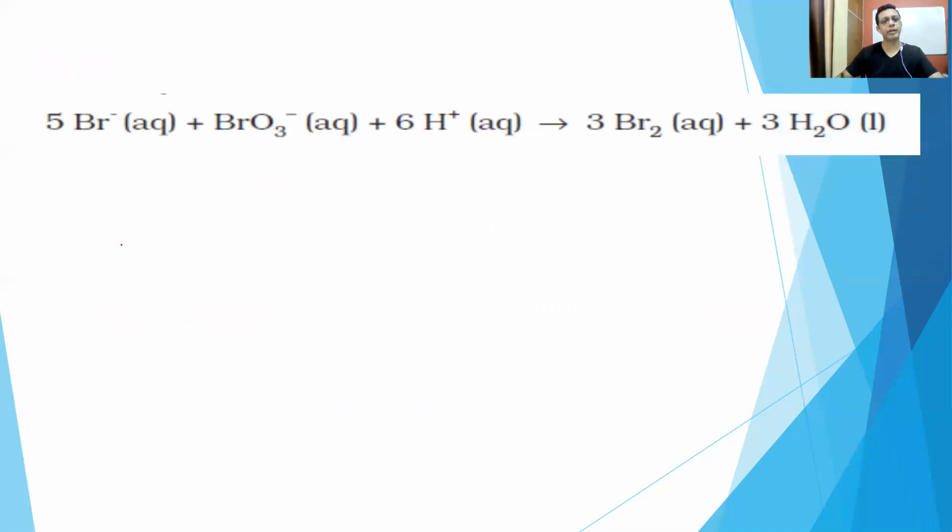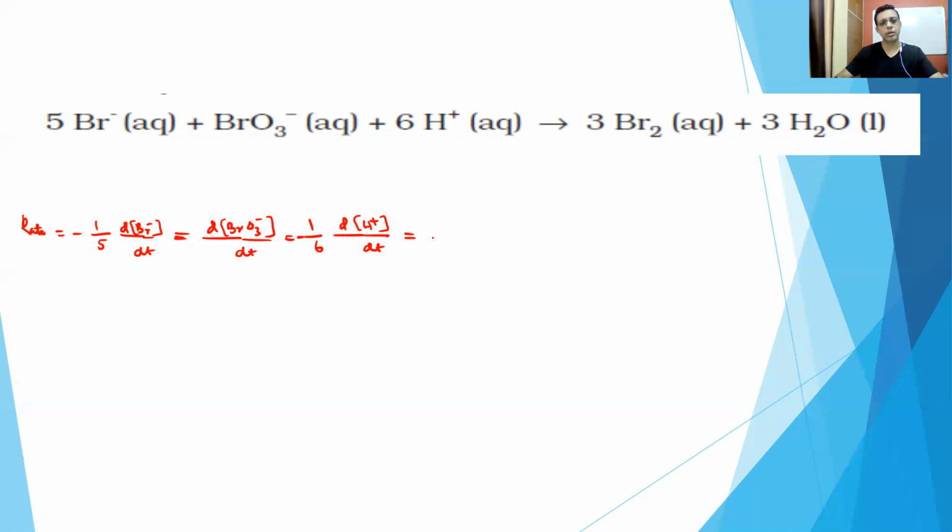You try, I'm also writing. So for this reaction, rate will be equal to minus 1/5 d of concentration of Br minus by dt, will be equal to minus d of BrO3 minus by dt, will be equal to minus 1/6 d of concentration of H plus by dt.